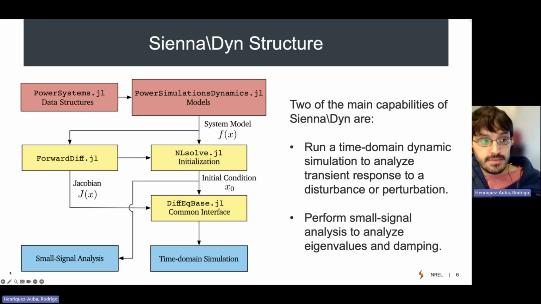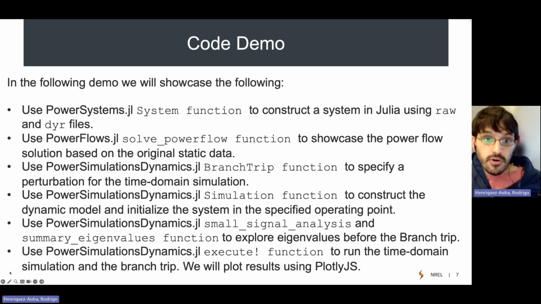Use PowerSimulationsDynamics and internally PowerFlows.jl to initialize the system, construct the states, obtain the Jacobian, and other required structures that are useful for running a simulation. And finally, you can run using PowerSimulationsDynamics a small signal analysis or a time domain simulation as required for you.